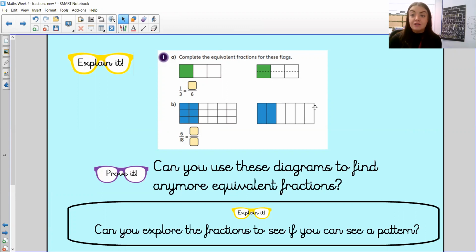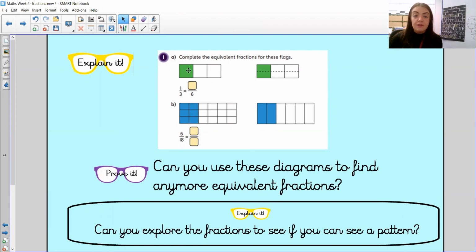Now, you may start to see some relationships between your fraction numbers. Okay, that will give you a little bit of a head start on tomorrow's learning. So if you can start to notice some patterns while you're doing your diagrams today, that is brilliant. Maybe make a note of any patterns so that you're explaining it down here. Are you beginning to see any patterns?